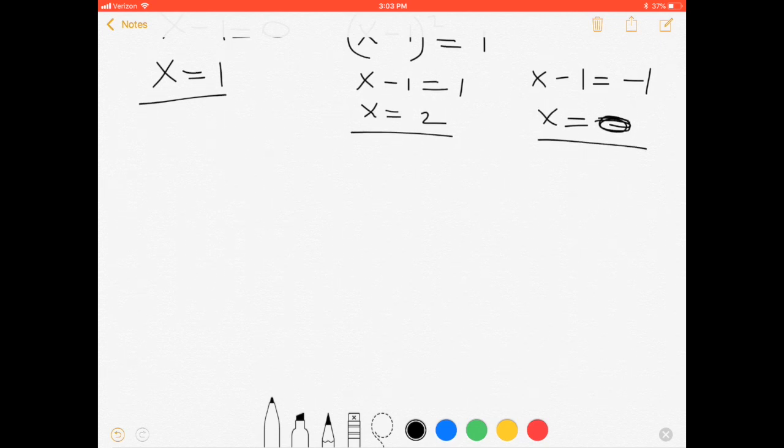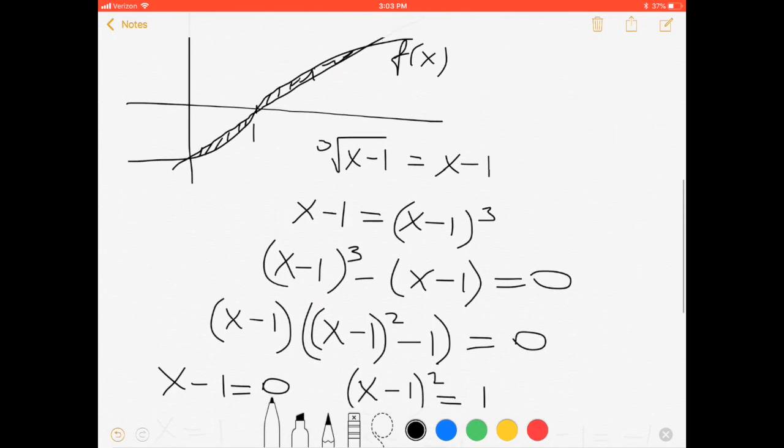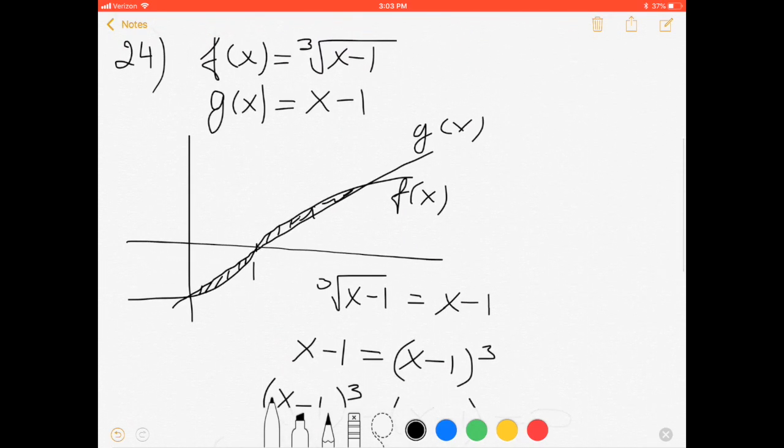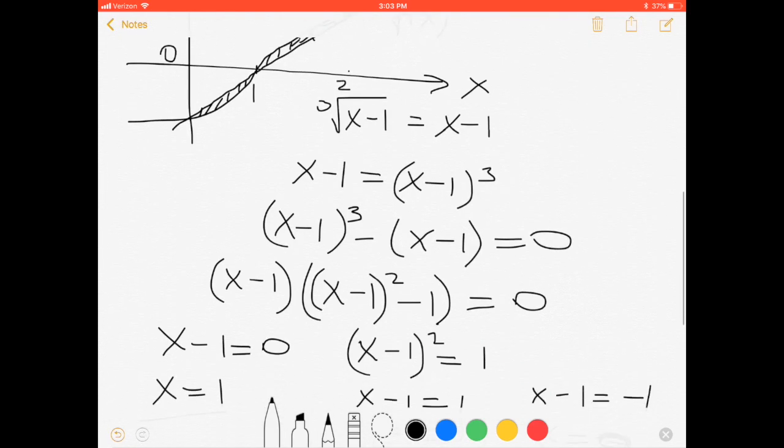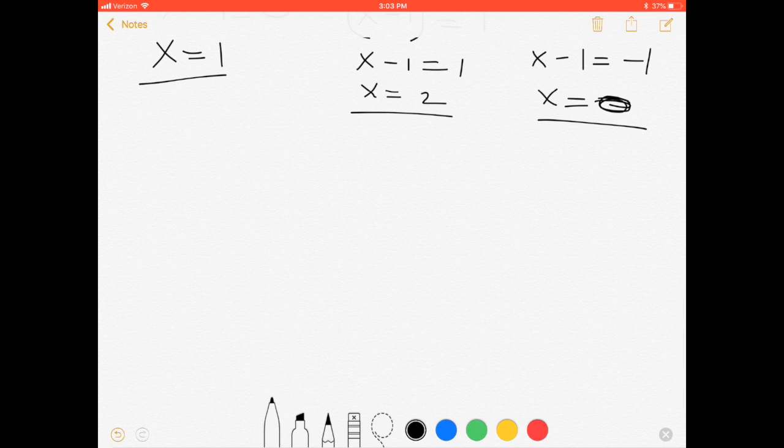But if we go back to our graph, what happened here? On the interval from 0 to 1, my g function stays highest. On the interval from 1 to 2, my f function stays highest.